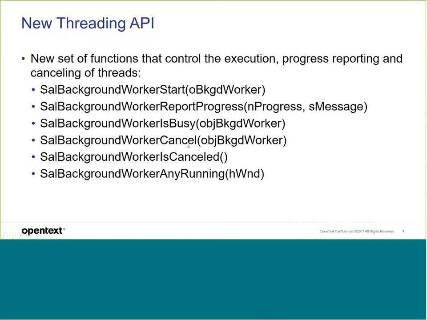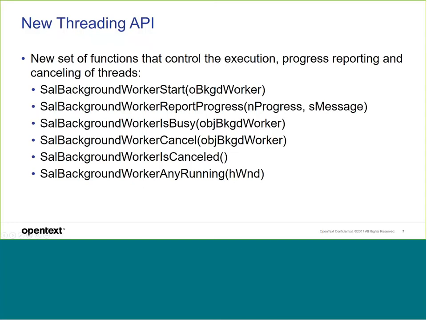You can do a StartBackgroundWorker.Cancel, which tells the background thread that it should actually stop. And on the thread, you have to check every once in a while this one here, StartBackgroundWorker.IsCanceled. If this is true, then you should stop executing the thread, because the UI has said the user wants to stop that thread.